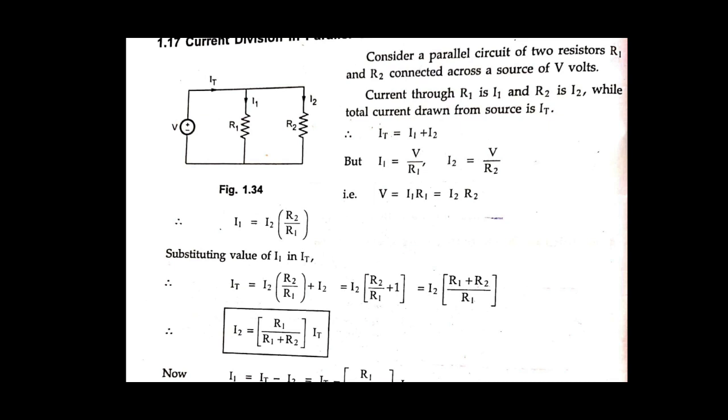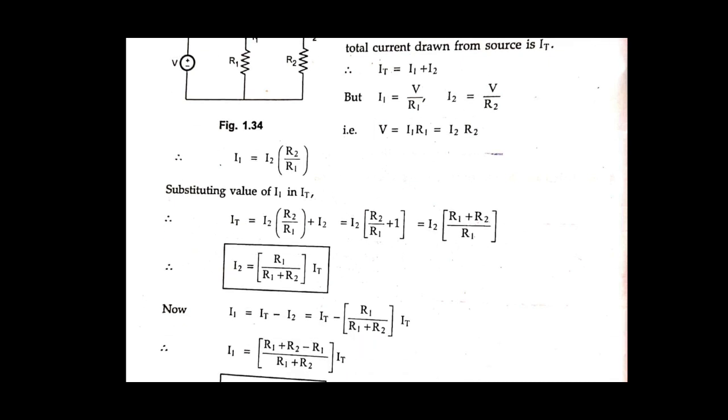So the total current IT is equal to I2 times (R1 plus R2 upon R1). Similarly, you can find I2 and I1. Here I1 is R2 upon R1 plus R2 into the total current IT.